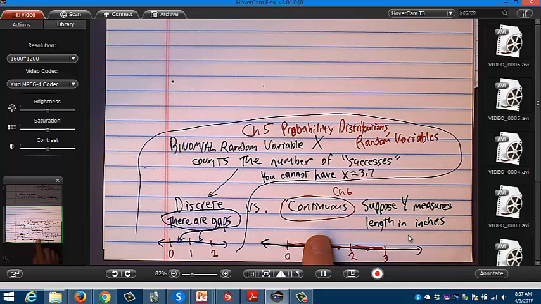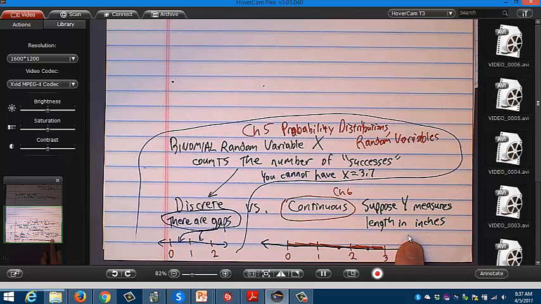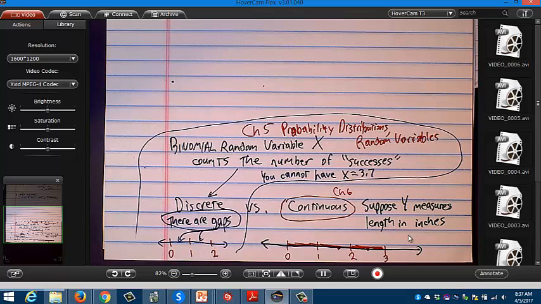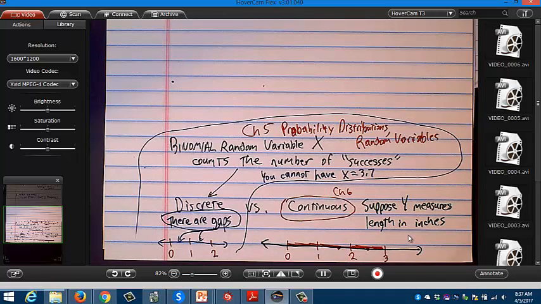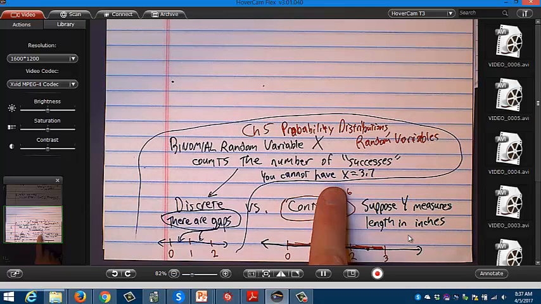If I'm storing lengths in inches in my database, Laura's pointing out that you're probably not going to write the square root of 2. You're going to write 1.4, right? So you're rounding. And then you might write 1.5 for a different measurement, but you're never going to write 1.4776234. Even though that's a number on the number line, we would never write it. We're going to round. So I would say that length is continuous, but you're right, we're going to round it to some decimal point.